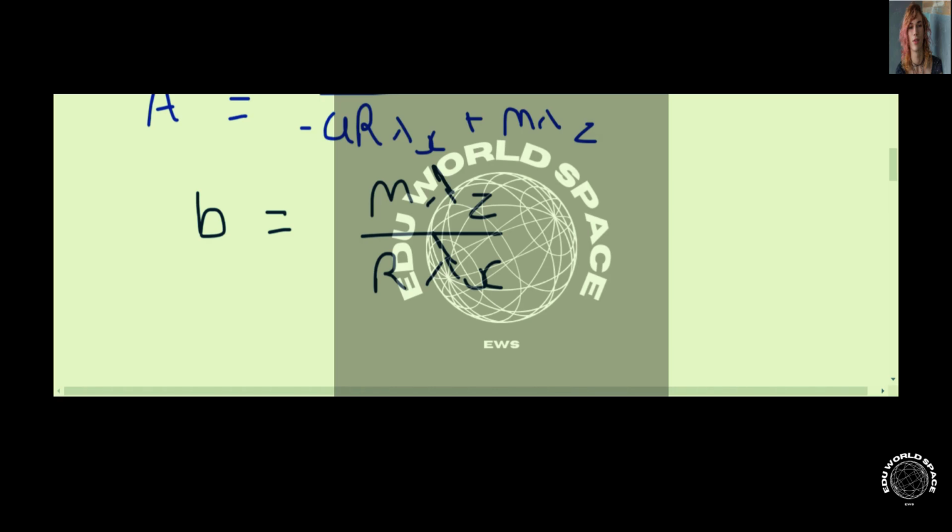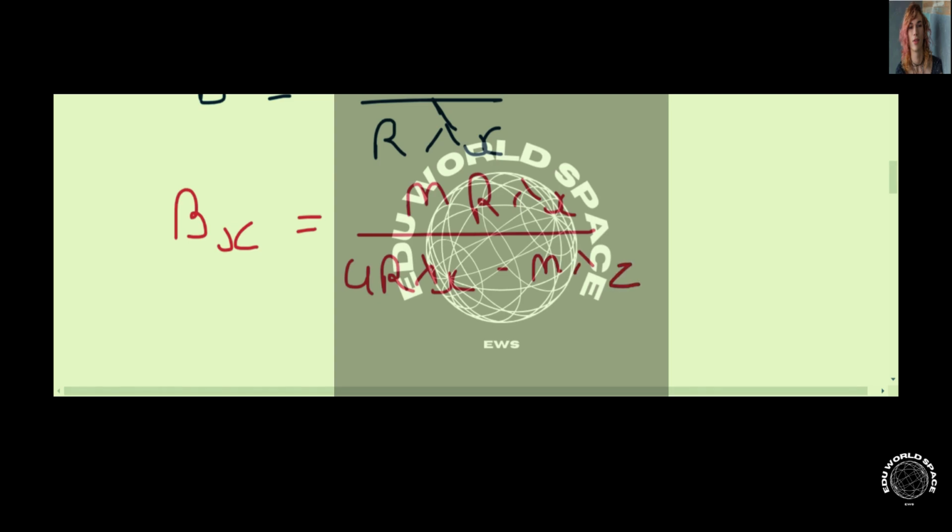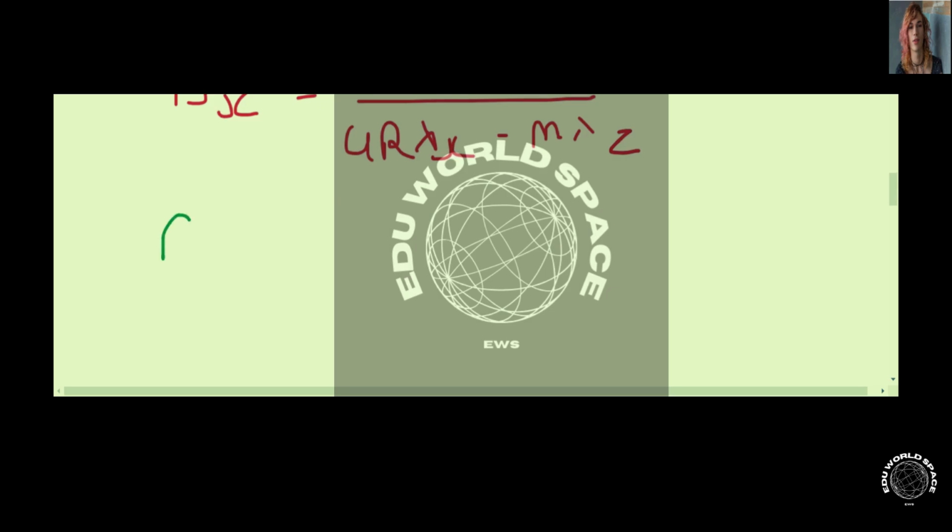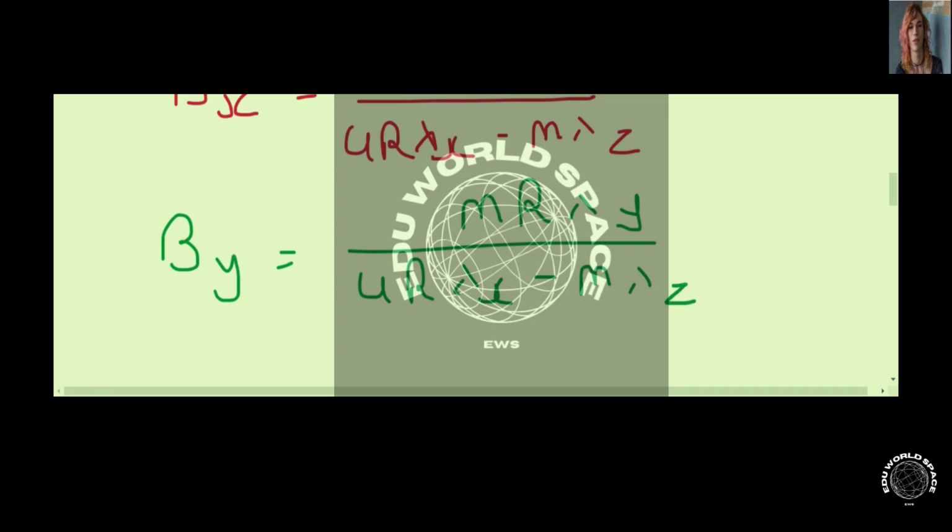All we have to do now is to find the rest of the components of FB. So Bx is equal to M R lambda x upon A R lambda x minus M lambda z, and By is equal to M R lambda y upon A R lambda x minus M lambda z.